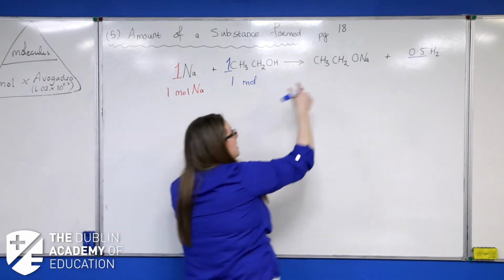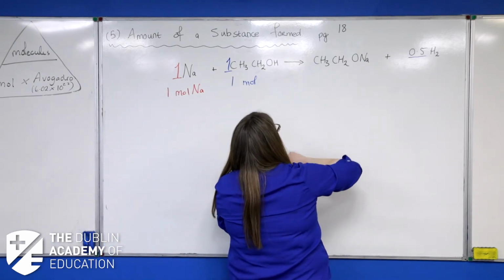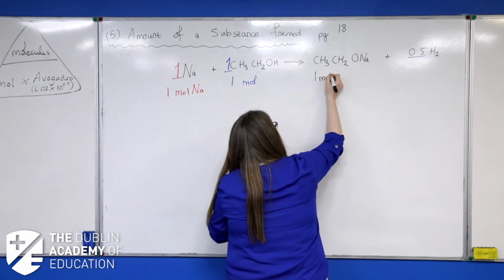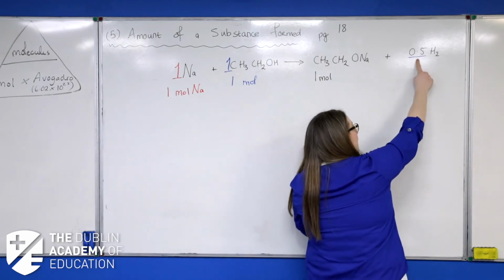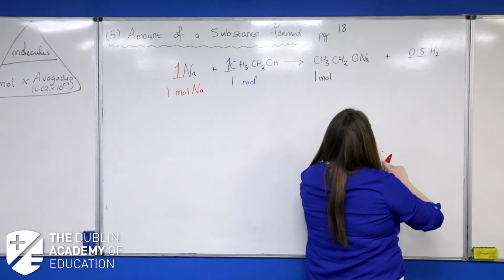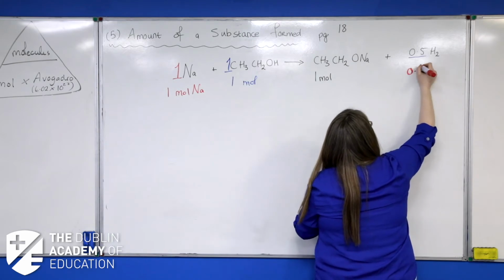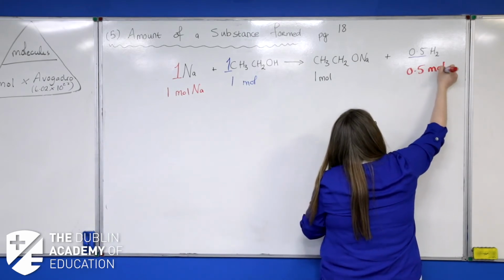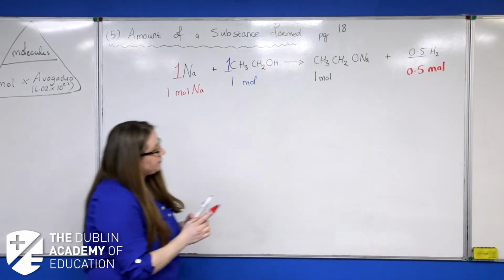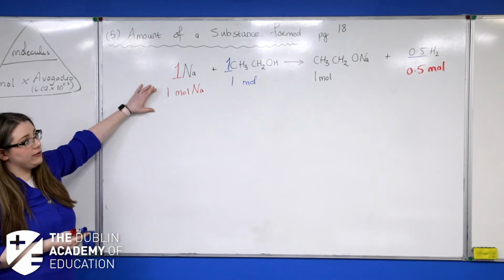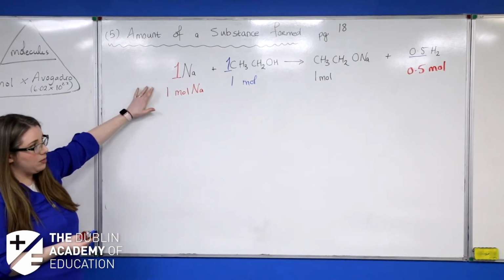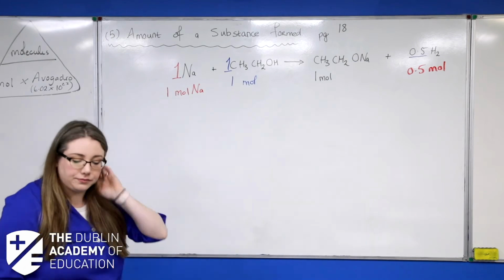And it forms 1 mole of my product and 0.5 moles, half a mole of hydrogen. Now, we're going to use that information to work out how much of the product is formed.